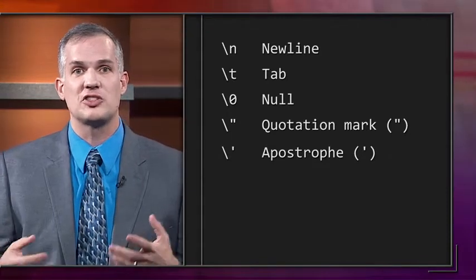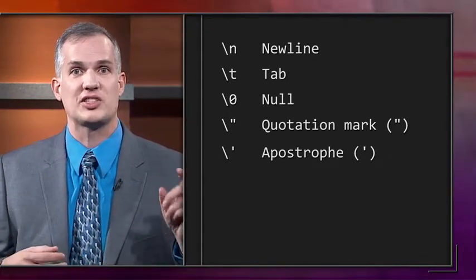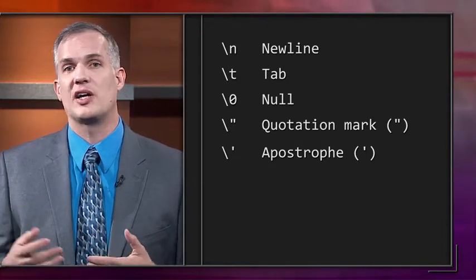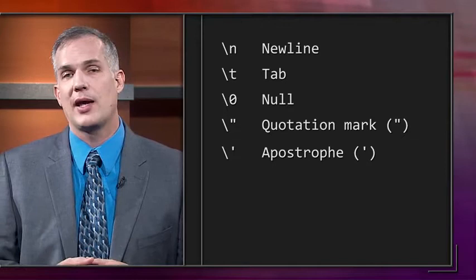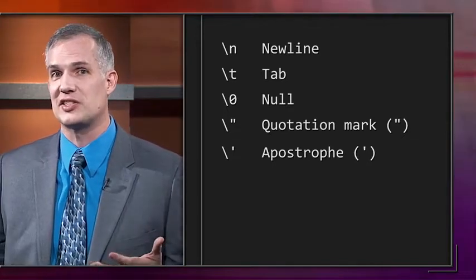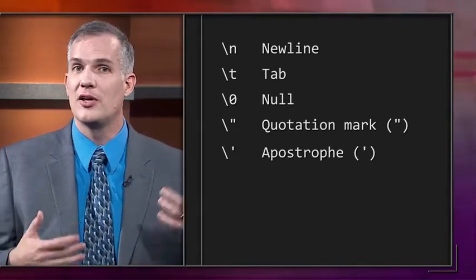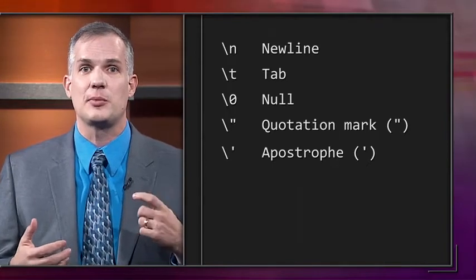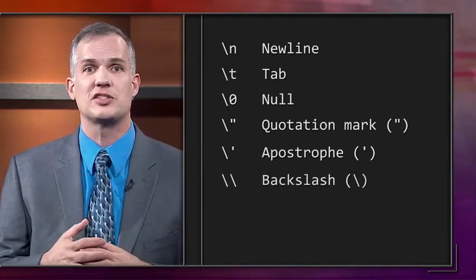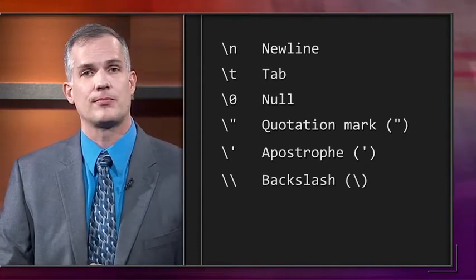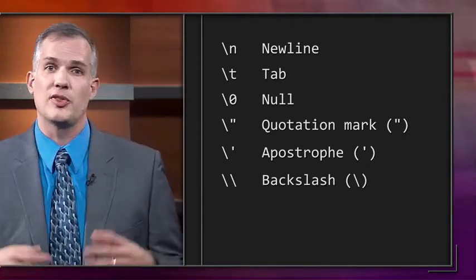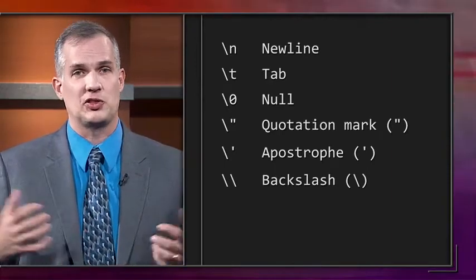Now, this only matters if it's a char literal, where we have just a single character, since otherwise the apostrophe would look like we were ending the char. And how do you think we get a \ itself? Well, a \ itself actually needs to be represented as two \. Typing just one would look like an escape character. There are some others also, but those are the most commonly needed special characters.